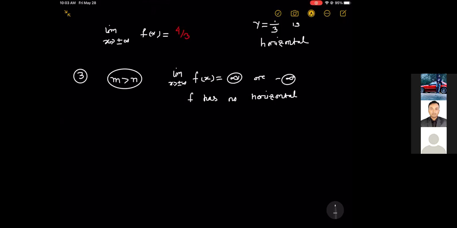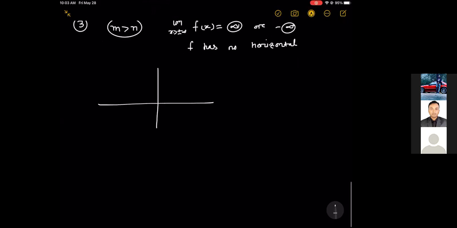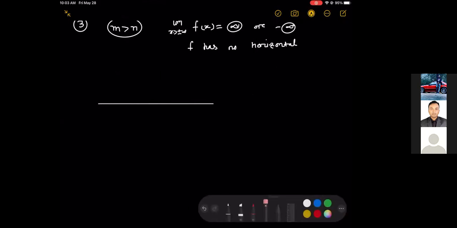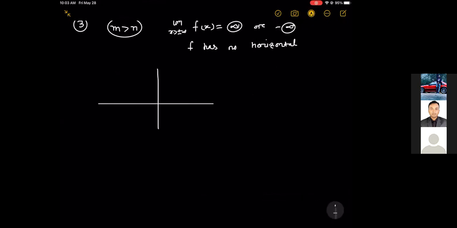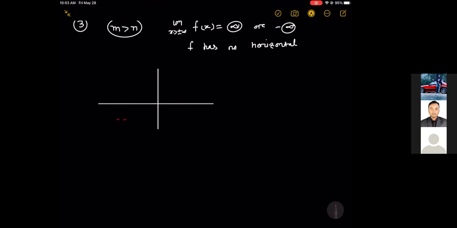You can clearly imagine that if the function is approaching towards infinity or negative infinity, we can't really have a horizontal asymptote, that's for sure. Because a horizontal asymptote looks like this, right? Or it could be here, above the x-axis.